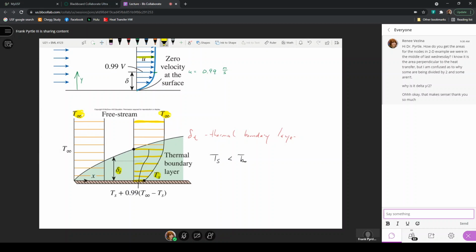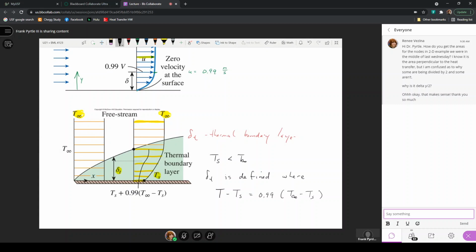So what we're looking for is, delta T is defined where the temperature in the fluid, T minus the surface temperature, divided by, well, I'll say it's equal to 0.99 of T infinity minus the surface temperature.